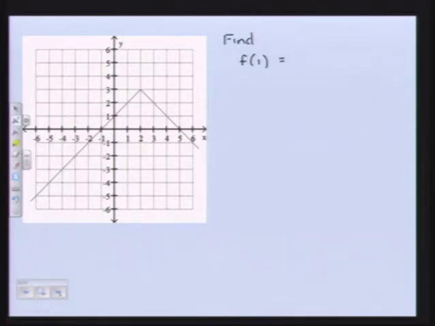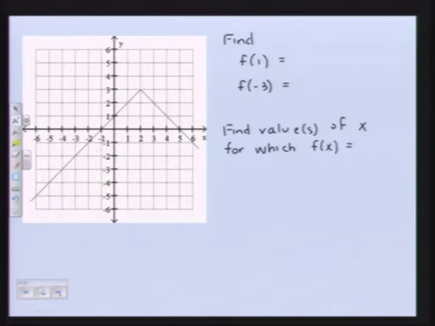And then I also want you to find f of -3. Then I'm going to have you find the value or values of x for which f of x equals 1.